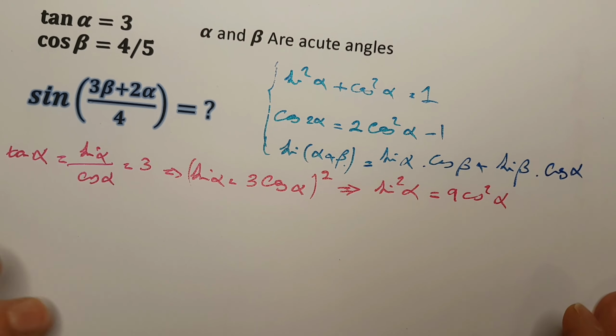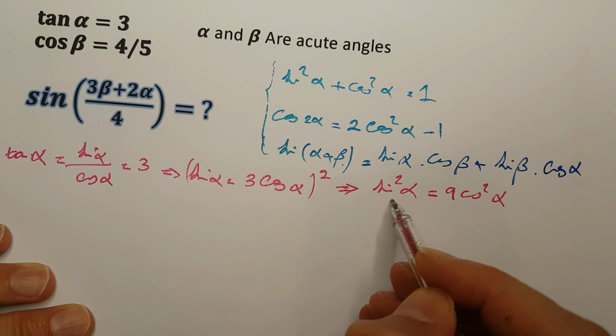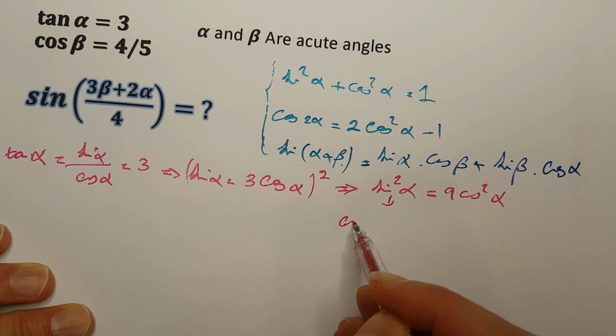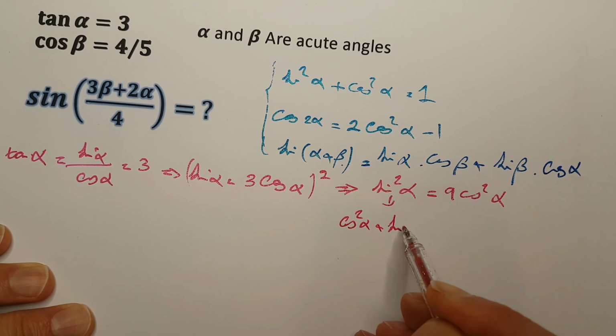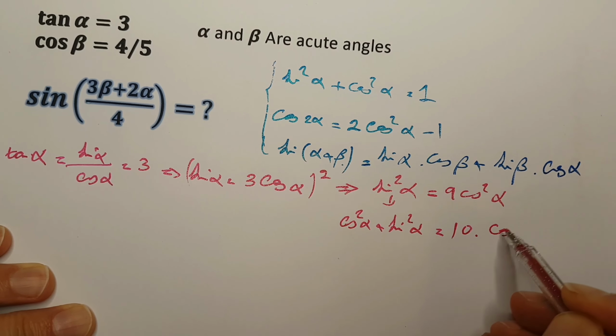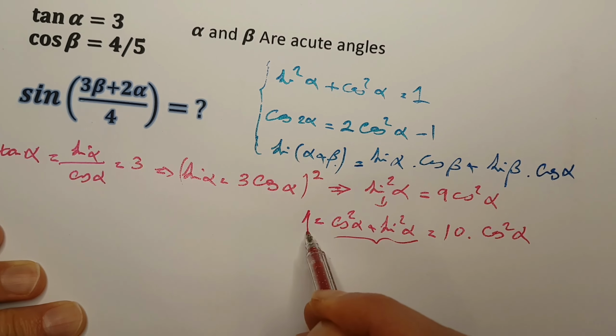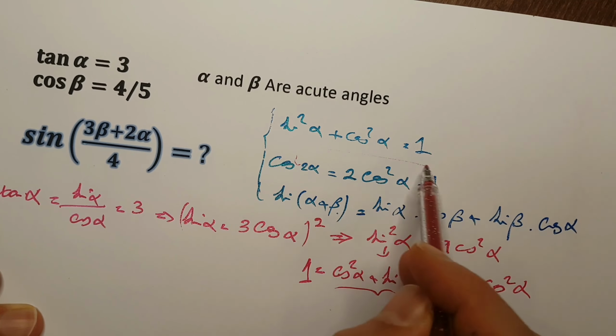If we add cosine squared of alpha to both sides, we get cosine squared of alpha plus sine squared of alpha equal to 10 times cosine squared of alpha. This is 1. We established that here.